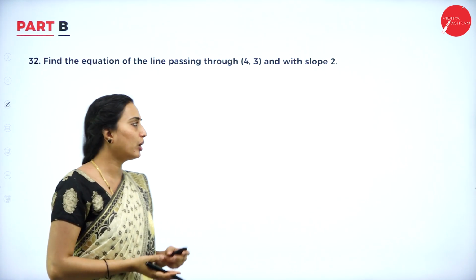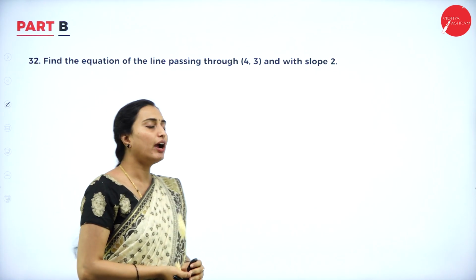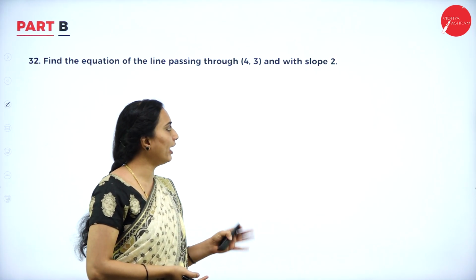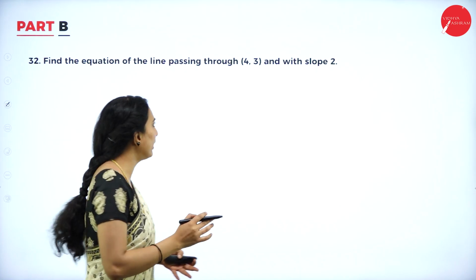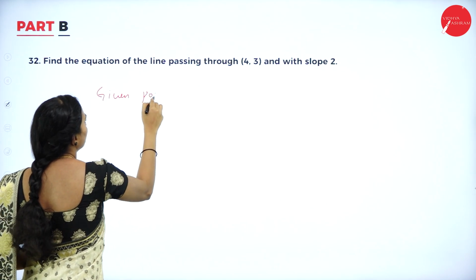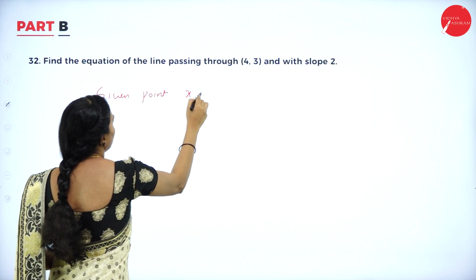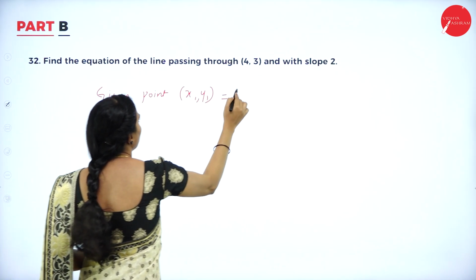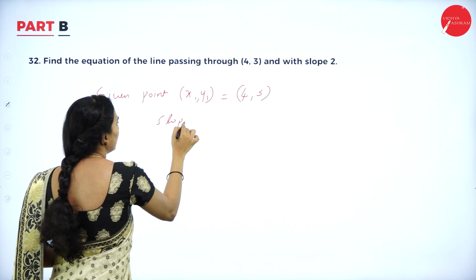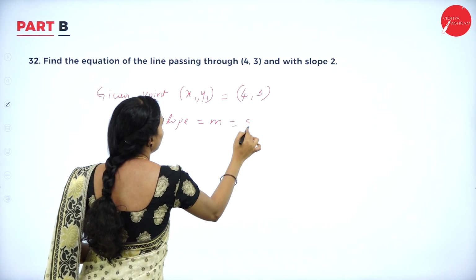Now we'll be moving on to question number 32. Find the equation of the line passing through 4, 3 and with the slope 2. What have they given? The given point is x1, y1 equal to 4, 3 and slope, that is m, is equal to 2.